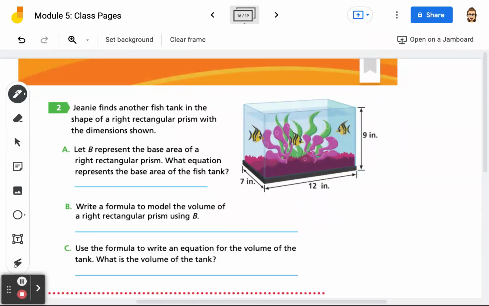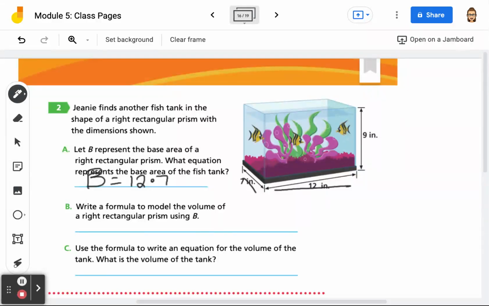So B is what we're using to represent base area. In order to find area, we do length times width. So we would do 12 times 7. Okay. So then it says write a formula to model the volume of the right rectangular prism using B.